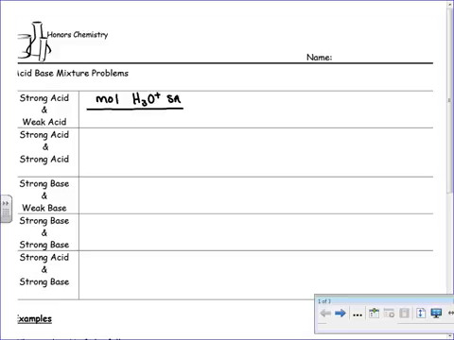So then to get the concentration of hydronium, we'll divide by the total volume. And that's going to give us, because it's an acid, and we know that acids make hydronium, the hydronium concentration. And then, of course, pH equals the opposite of the logarithm of hydronium concentration.